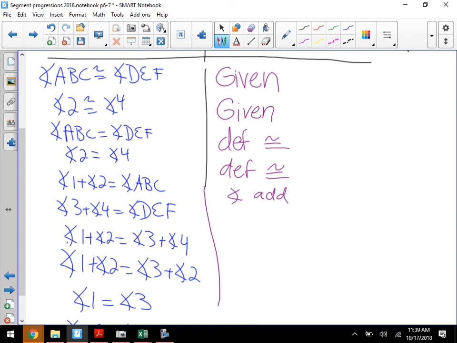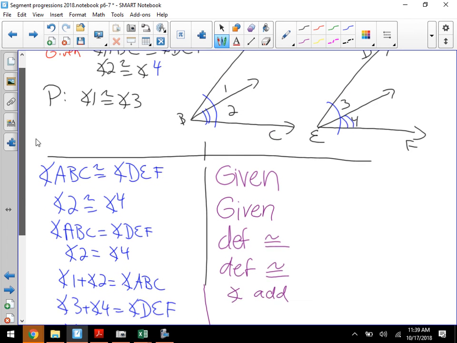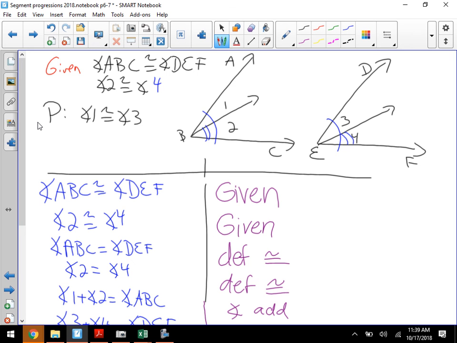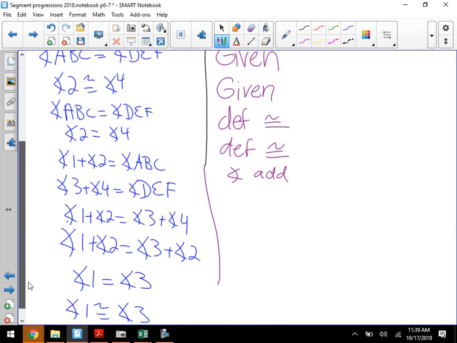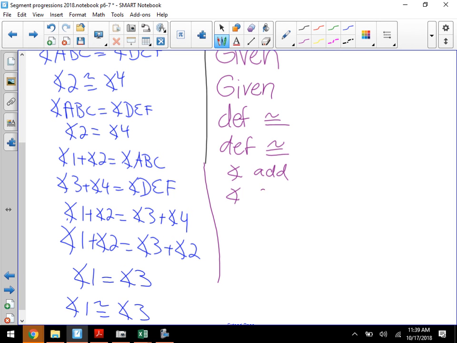Right, and then it says angle 3 plus angle 4 equals angle DEF. Yep, so angle addition again, because you can see angle 3 and angle 4 add together to be angle DEF. Okay, now angle 1 plus angle 2 is equal to angle 3 plus angle 4. Does everyone see where that's coming from? If you don't know, like Mr. Murphy said, look above.